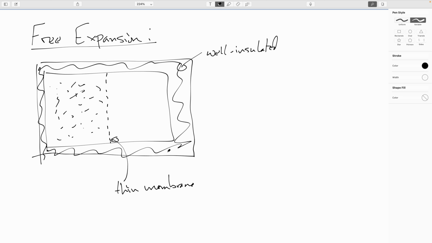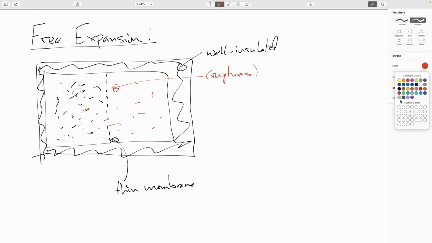Then this membrane will rupture. And so the gas that was all on one side of the membrane, leaving a vacuum behind, will now spread out to go over the whole area.